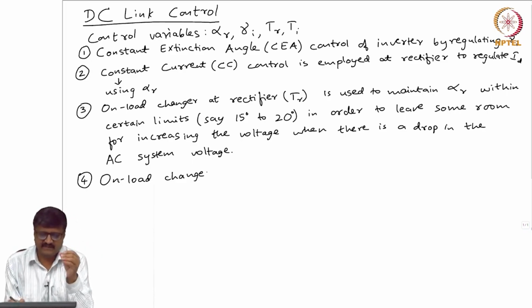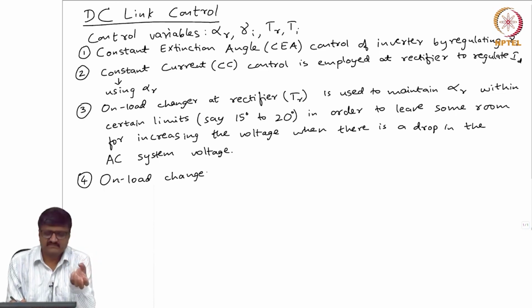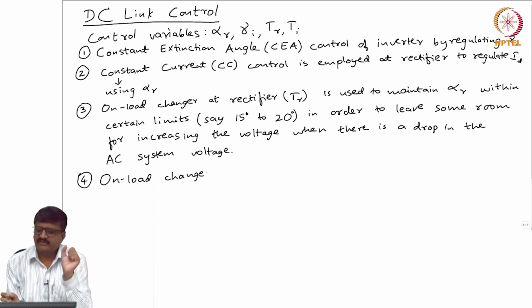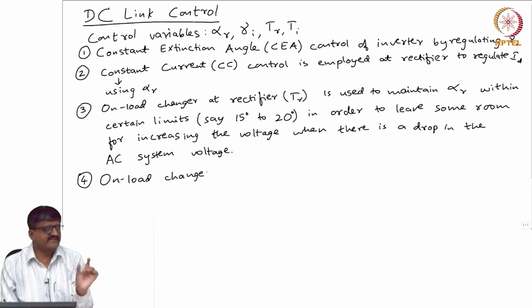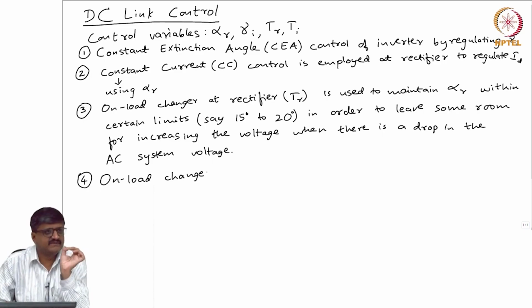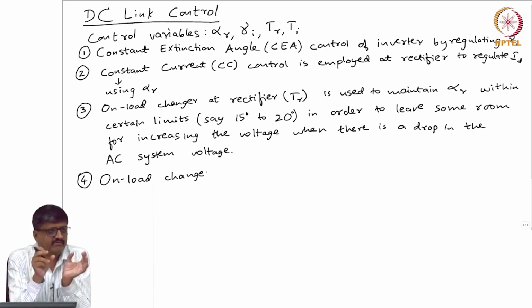For example, TR is used to maintain alpha R within a certain range. Similarly, constant current control means there is no range, the range is of 0 width. ID is regulated at a certain value. When you talk about control in power systems, most of the time we are talking about either maintaining some quantity at a desired value, or maintaining it within a desired band.